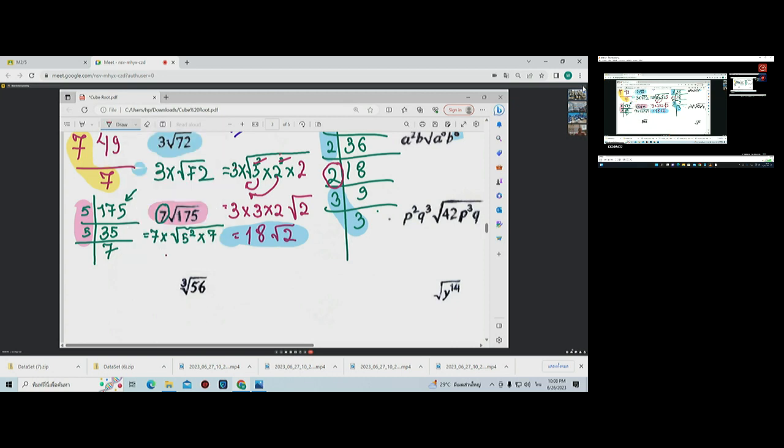Now this square can be cancelled and we move 5 outside. So we get 7 times 5 root 7. What is 7 times 5? Yes, 35 root 7 is your answer.